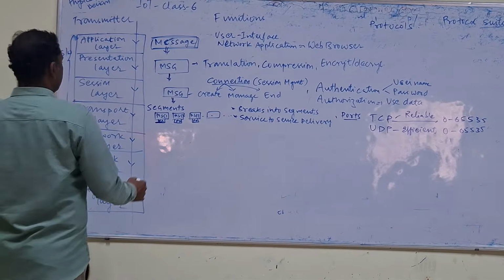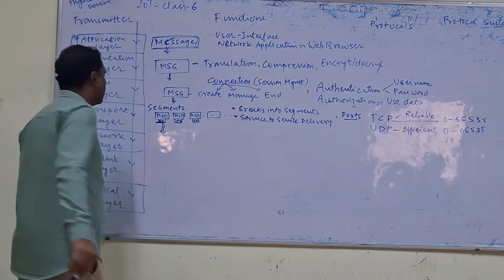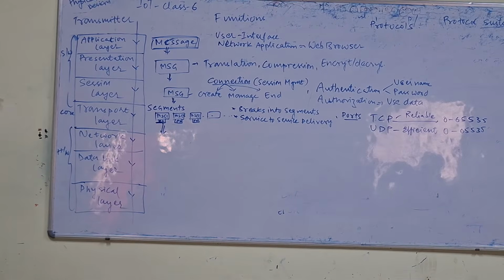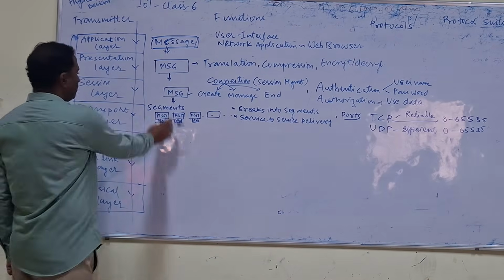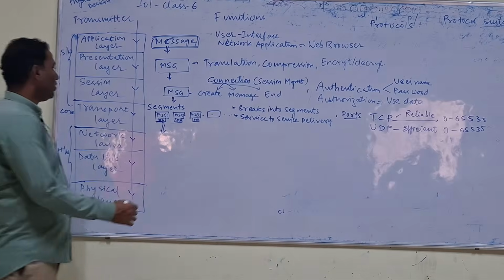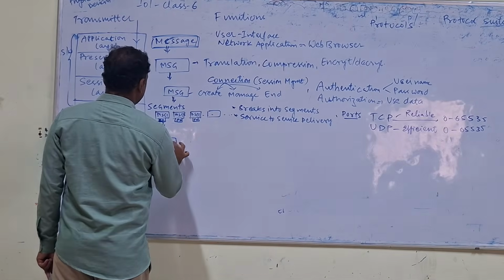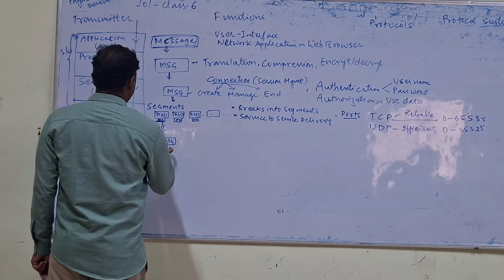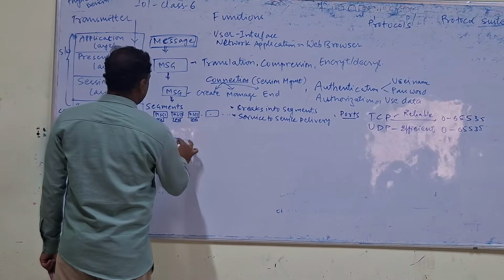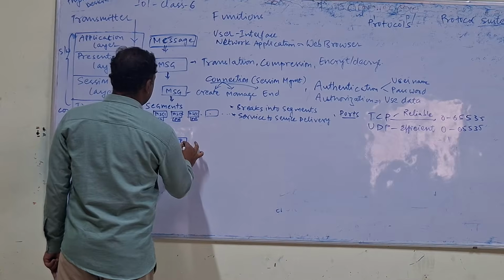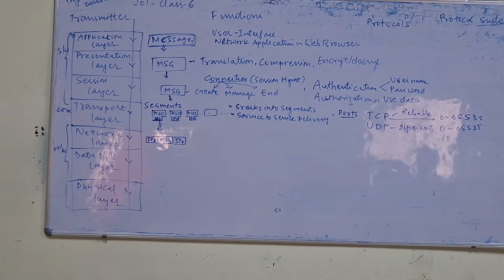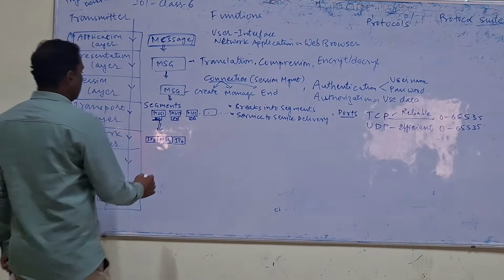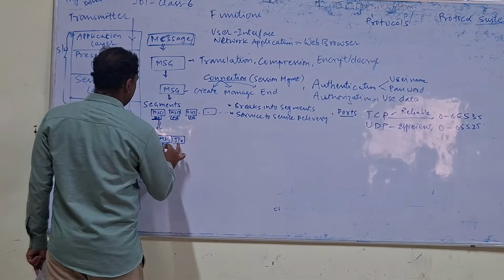Next, what happens now? For each segment we have added the port numbers. Now in the network layer, once it comes to the network layer, to each message I will add the IP address of the source and the IP address of the destination, along with the port number.